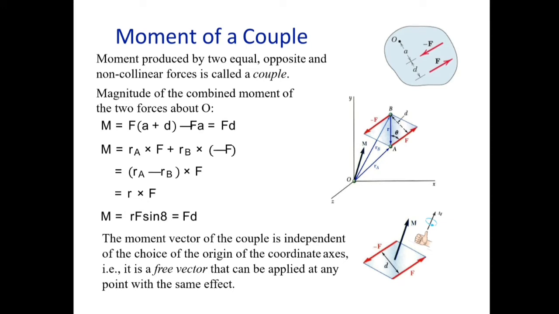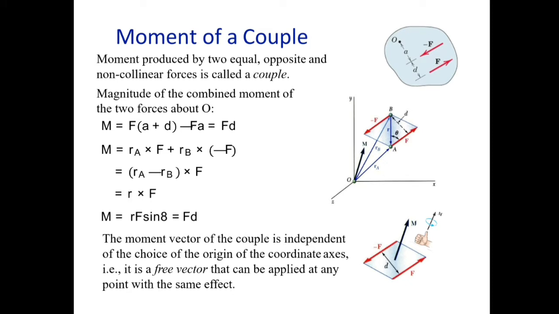What about this negative force? It is minus F multiplied by the distance between O and its line of action, which is a. So minus F into a. If we resolve this, Fa gets cancelled and we get M equals Fd. This is our moment of a couple.